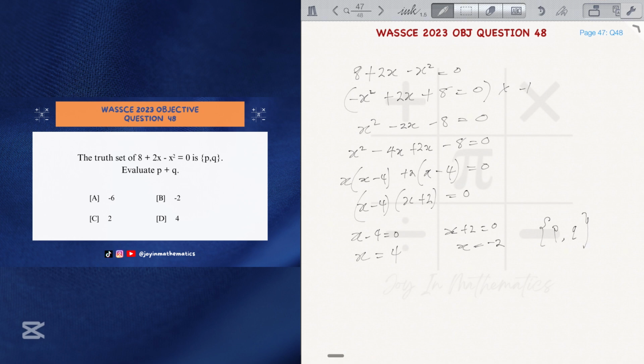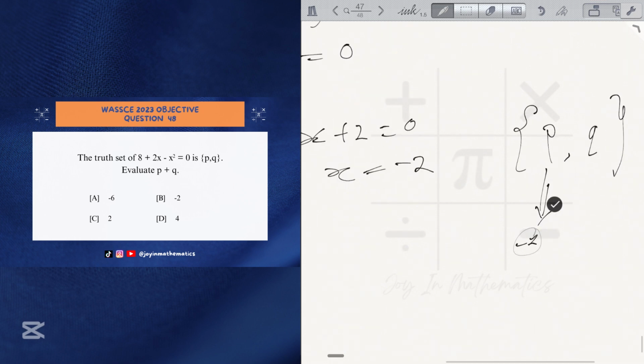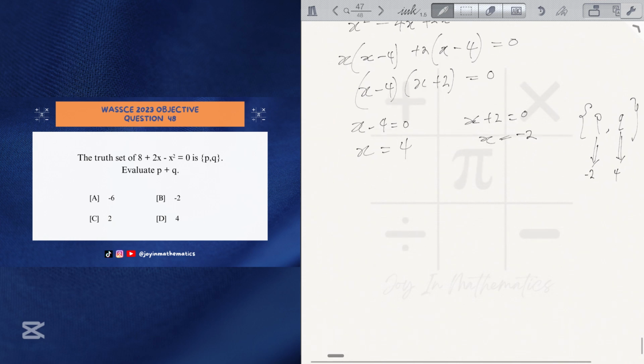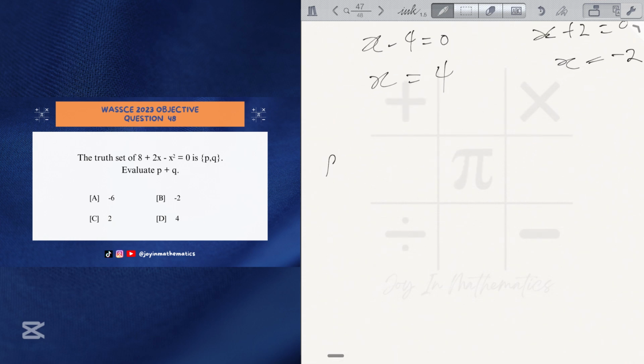So which one is lower between minus 2 and 4? So we have P equal to minus 2 and Q equal to 4. So in essence, we are saying that P, Q is equal to minus 2, 4.